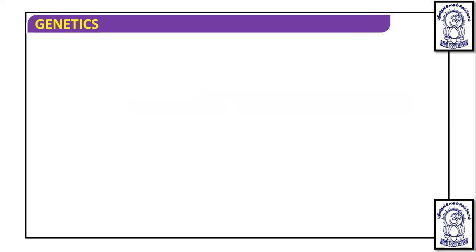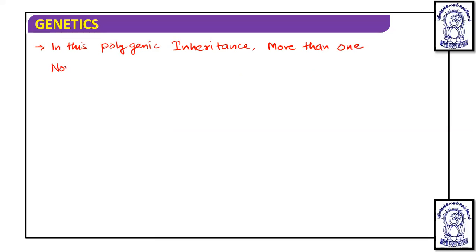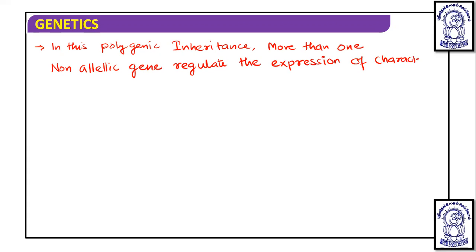If we discuss in more detail, then in polygenic inheritance, more than one non-allelic gene regulate the expression of a character.